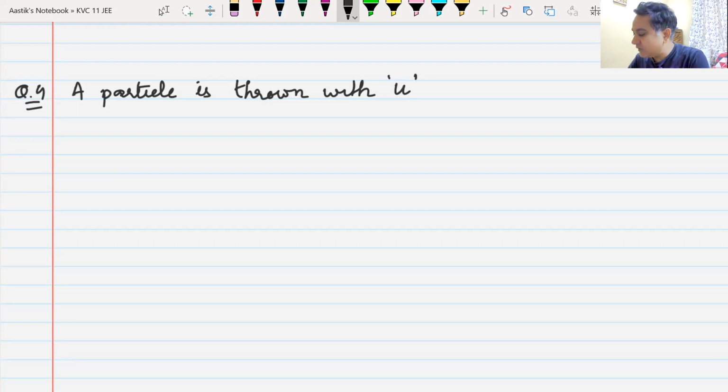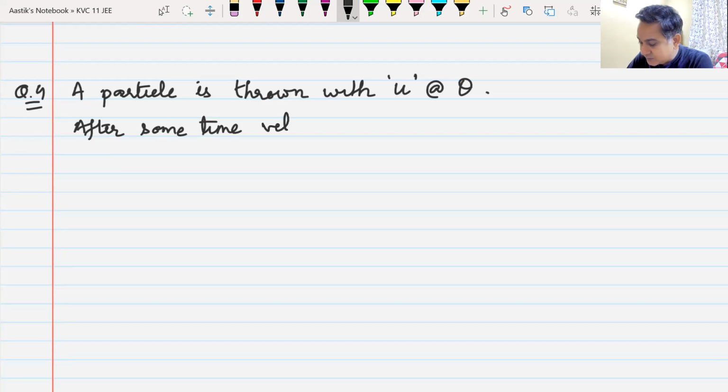A particle is thrown with velocity u at angle theta. So u is the initial velocity and theta is the angle of projection. After some time, we don't know the time, the velocity becomes v.